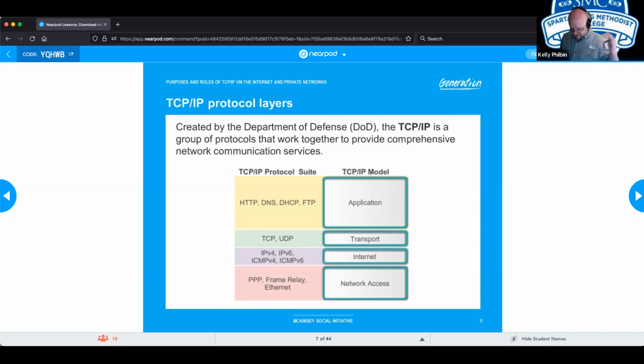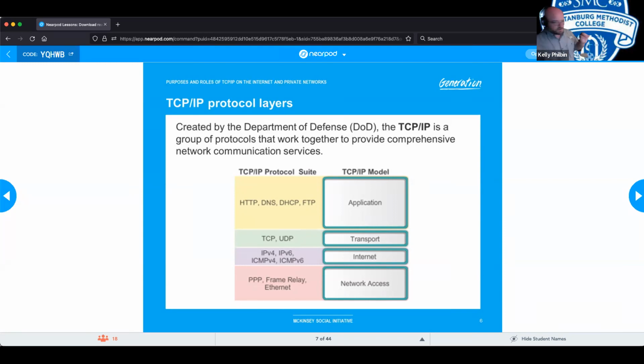They essentially group these protocols into basic layers, starting from the most basic, which is your lower layers. That is where you get your PPP, or Point-to-Point Protocol, your Frame Relay, your Ethernet. This combines both the physical and the data link layers of the 5-layer or 6-layer model, and they call this the network layer.